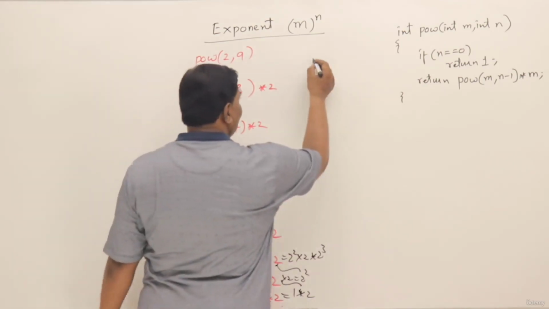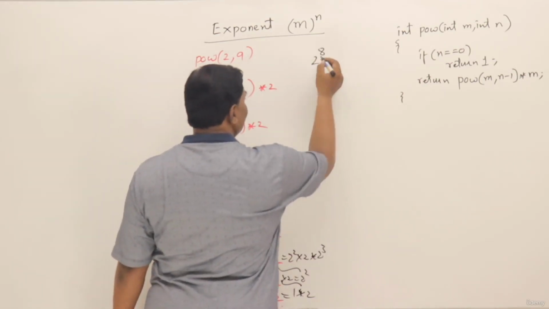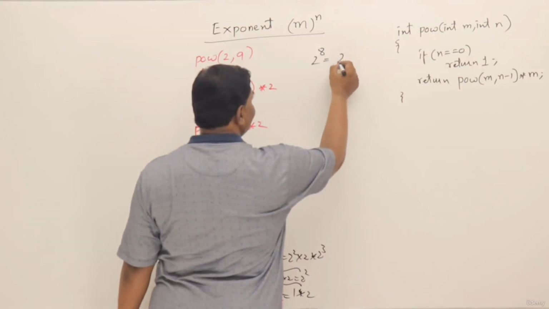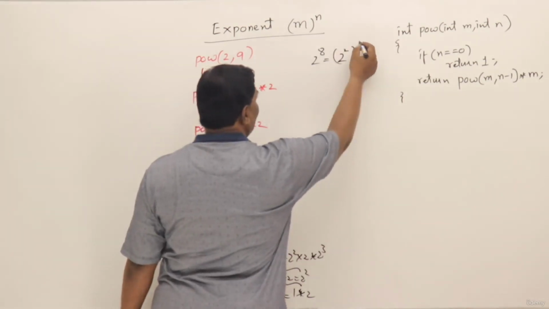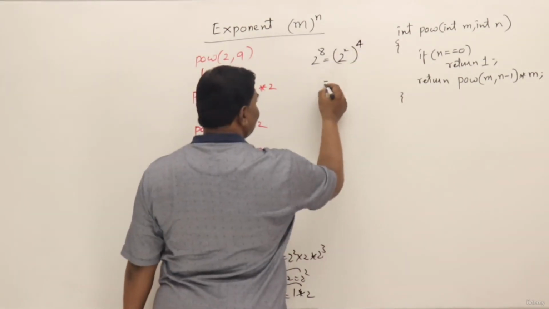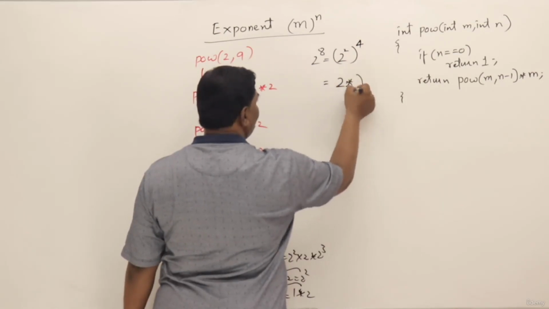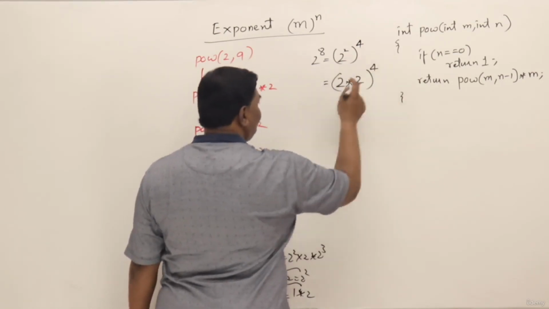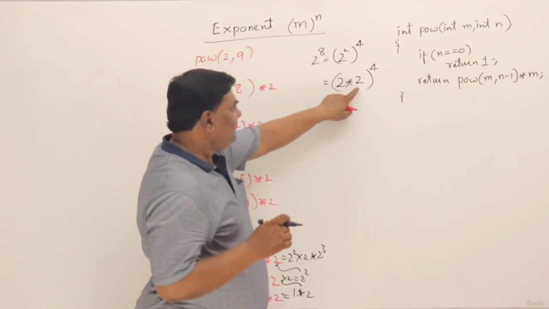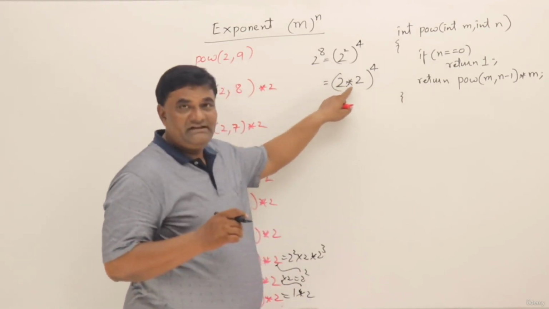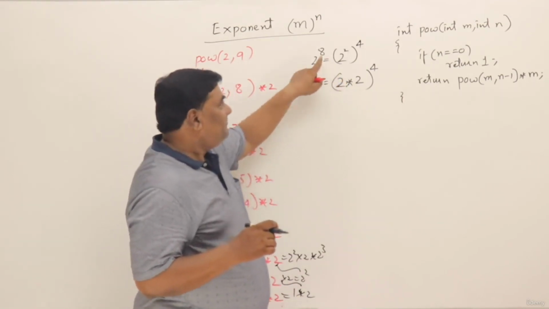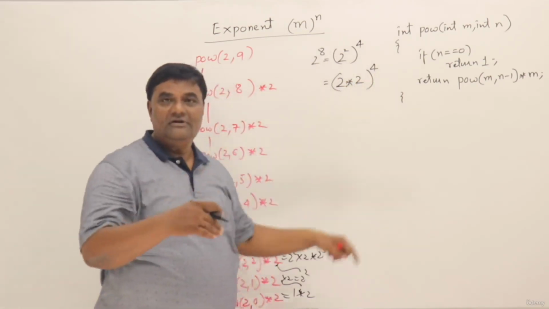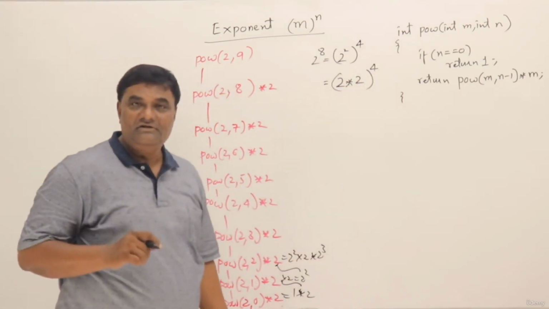Suppose it is 2 power 8. 2 power 8 can be written as 2 square power 4, so this is 2 square into 2 square, power 4. So if I perform one multiplication on the same value, then the power will reduce by half.